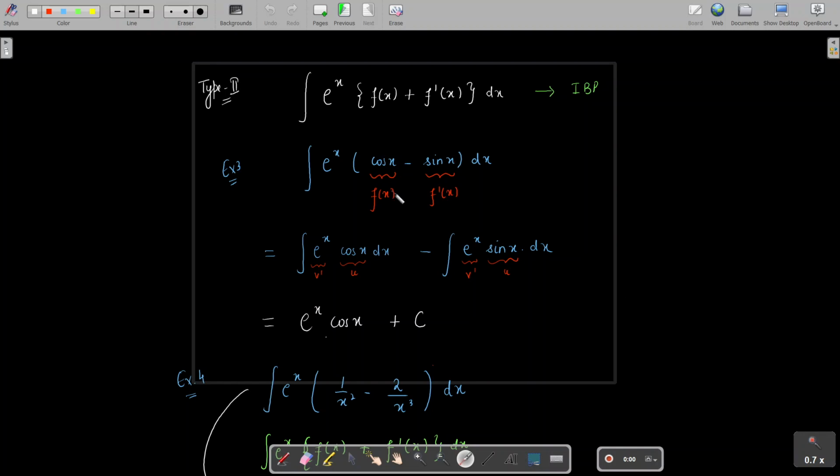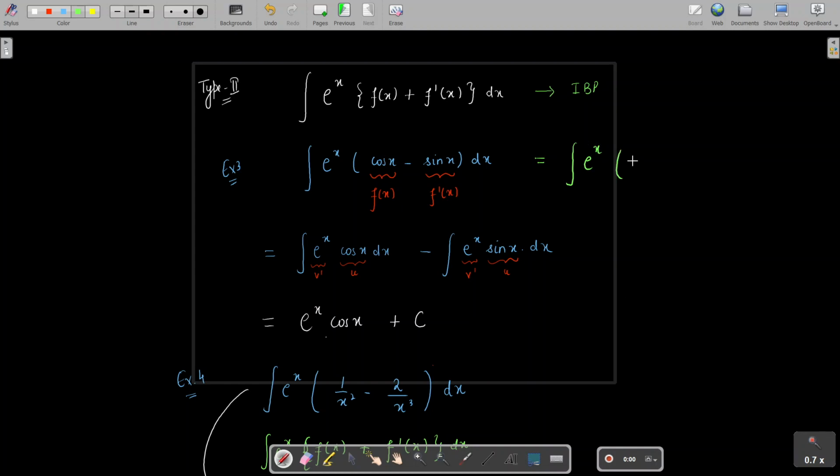Now here if we see, the derivative of cosine x is actually minus sine x. So if this is f(x), then this is f prime(x). Actually, do not get confused with the negative sign over here, because let me write it another way. Here this is plus, but this is also plus.